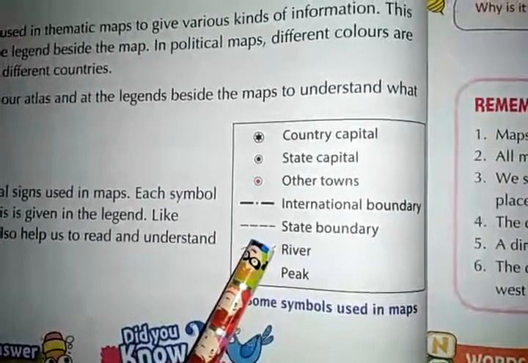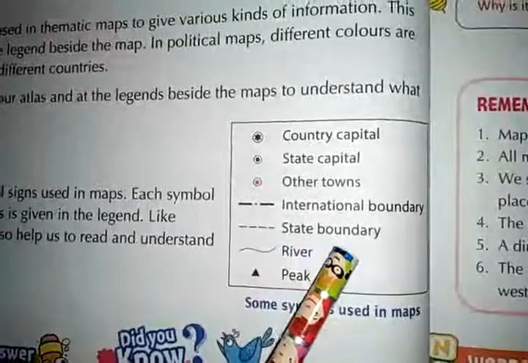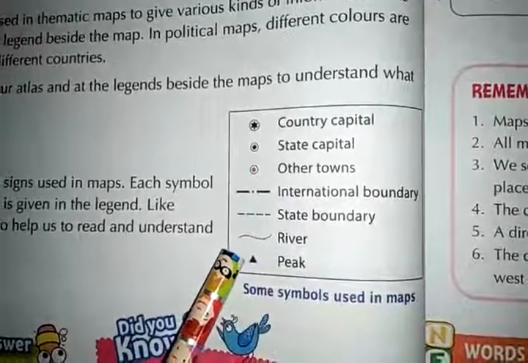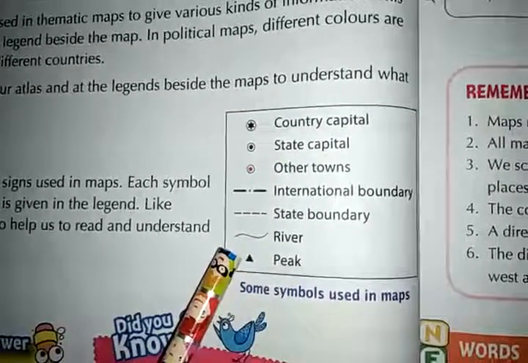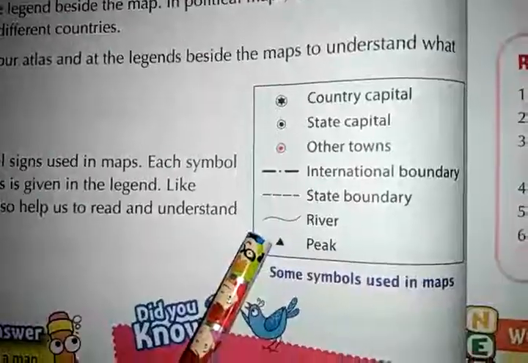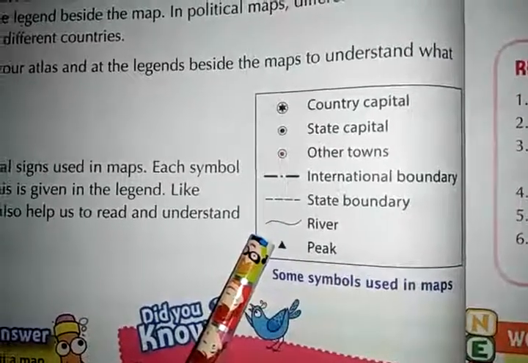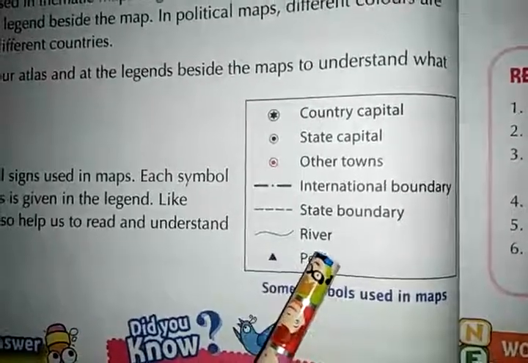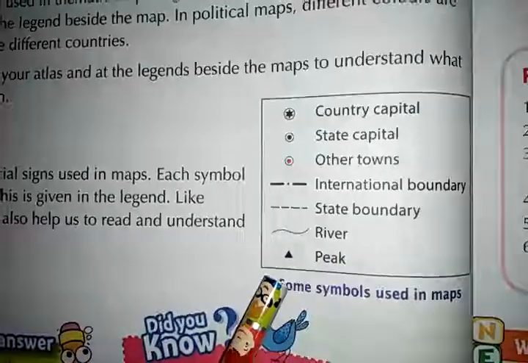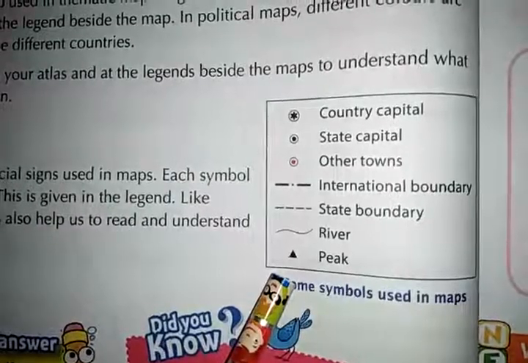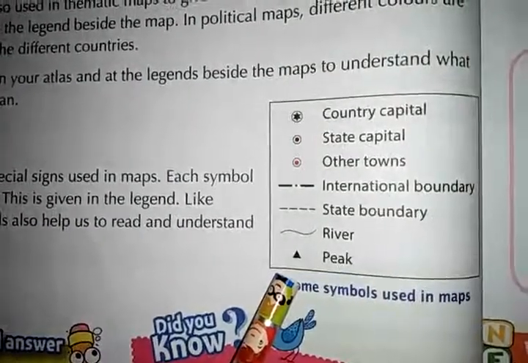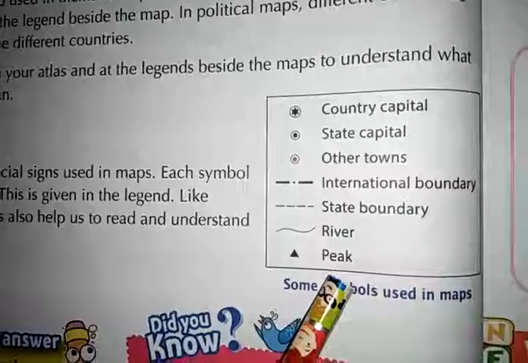It shows state boundary. The next one, a curved line. A blue color curved line shows rivers. And the last one, a triangle, shows peak of mountains.